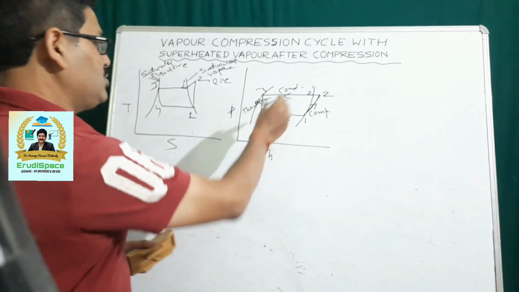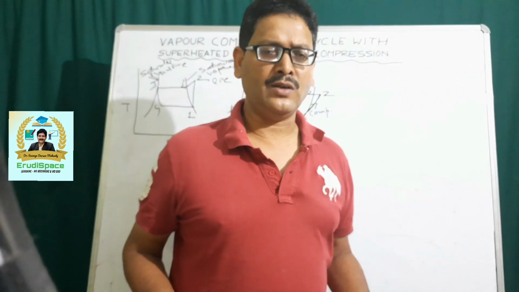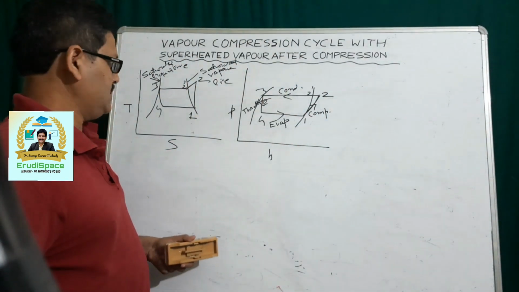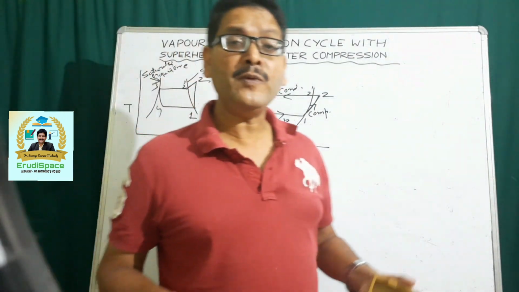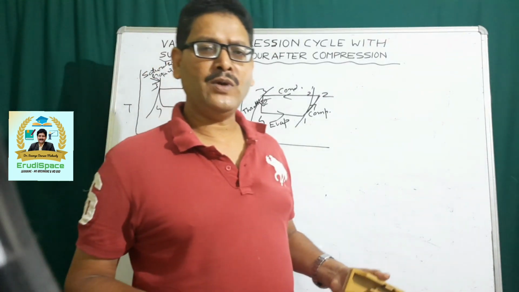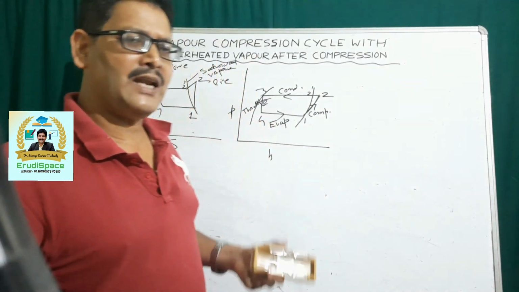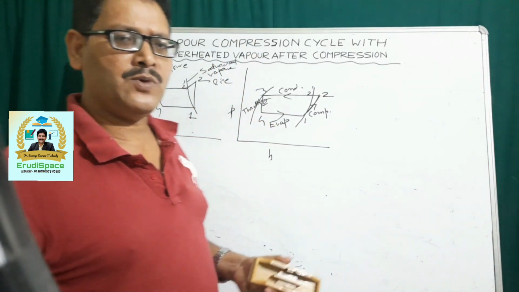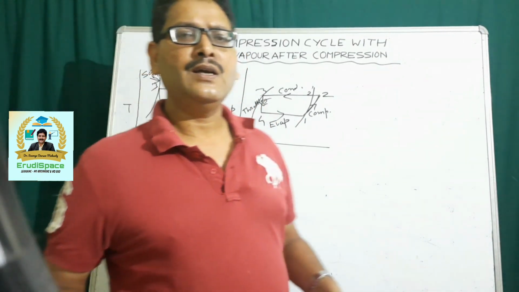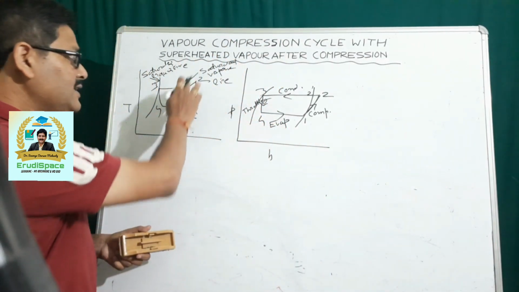So process 2-3, which is your condensation, is actually an isobaric process or constant pressure process. But unlike the two previous cases, which were vapor compression cycle with dry vapor after compression, as well as the vapor compression cycle with wet vapor after compression, where the condensation process is an isobaric as well as isothermal process, here that is not the case.